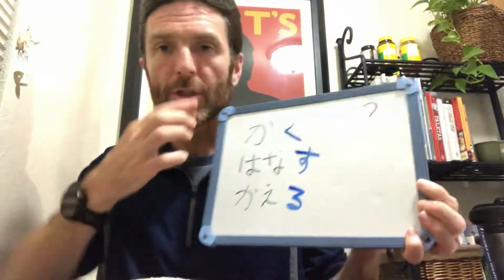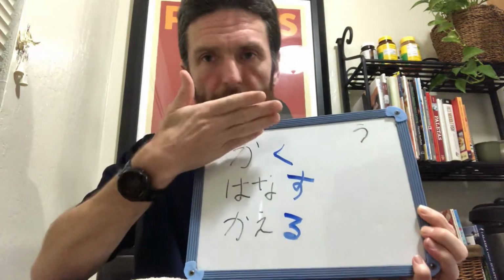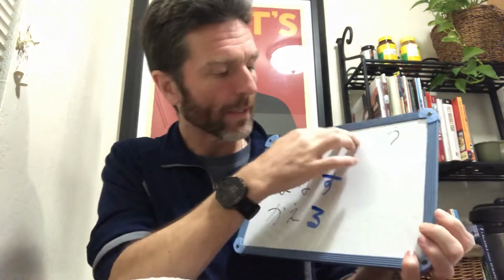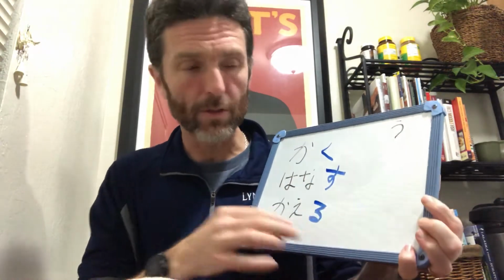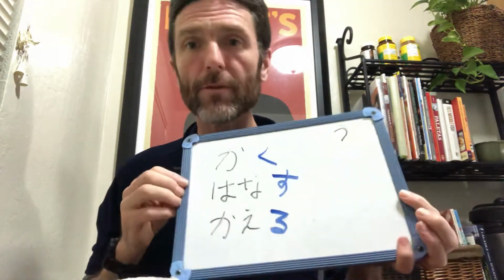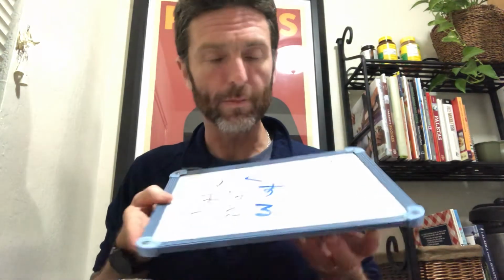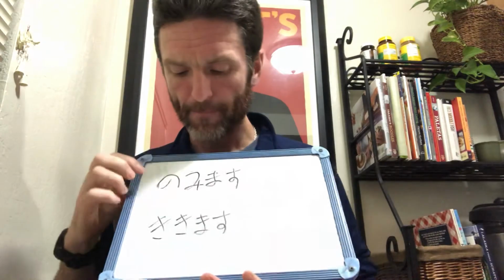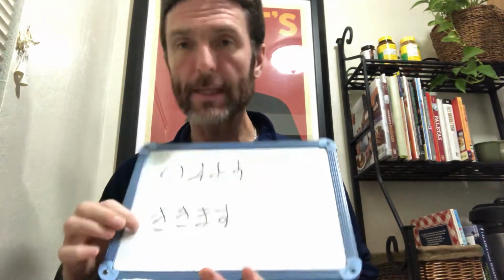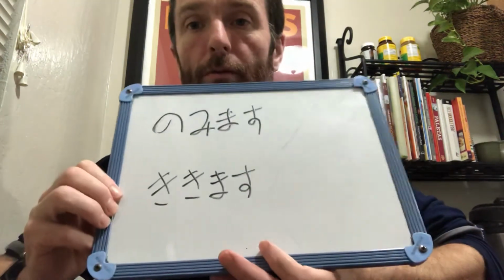Okay? So just understand that we're changing from one row to the next row. Ki becoming ku, shi becoming su, ri becoming ru. And if you get confused, be sure to look at your hiragana chart and refer to that. That'll help you out. But just so that you guys have a little bit of practice, I brought nomimasu and kikimasu, which are also u verbs.